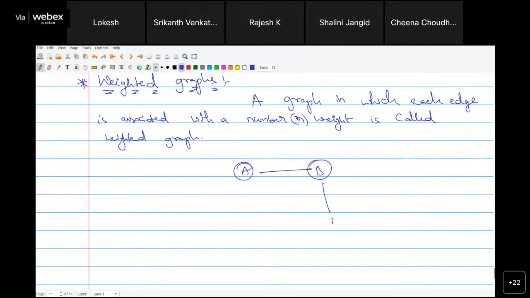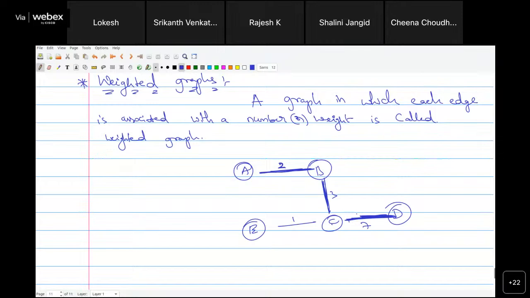Say we have vertices C, D and E. I will give weights to each of the edges, 2, 3, maybe some 1, some 7. Now you see this 2 represents the weight of this edge. So this edge carries weight 2. This edge carries weight 3, which is more than the previous edge. And this edge carries the highest weight, which is 7.